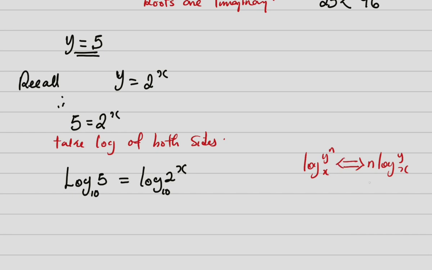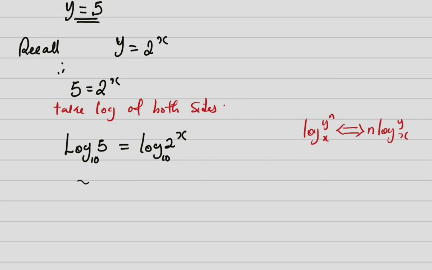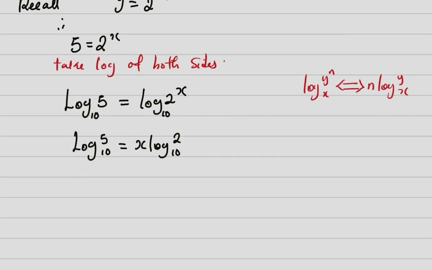So I can write this as log of 5 base 10 is equal to x times log of 2 base 10. Now, looking for my x, I'm going to have that x is equal to log 5 base 10 all over log 2 base 10. But I need to simplify further.